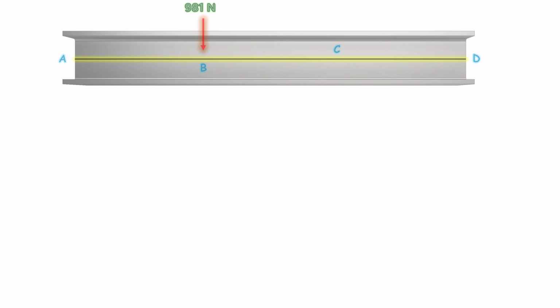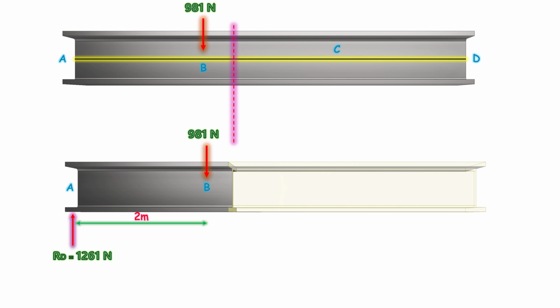This time, the cut is placed immediately after the 981 Newton force, and the free body diagram is drawn. The shear force and bending moment can be calculated by applying the equilibrium equations. So, the shear force at the cut plane is equal to 981 minus 1261, which is minus 280 Newton.